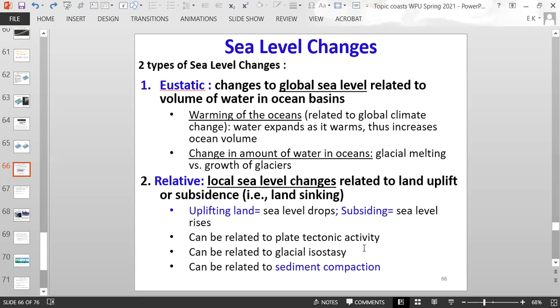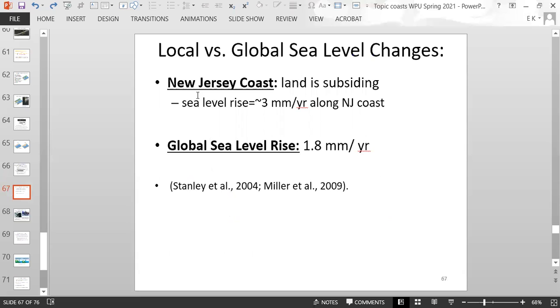So that's the glacial isostasy. Sediment compaction is referring to sediment becoming more compacted underground, and that's going to lower the land. So the New Jersey coast, actually, the land is subsiding. So sea level rise is about 3 millimeters per year along the New Jersey coast. Now, the global sea level rise is about 1.8 millimeters per year. So the sea level is rising along the New Jersey coast more than it is in many locations around the world.